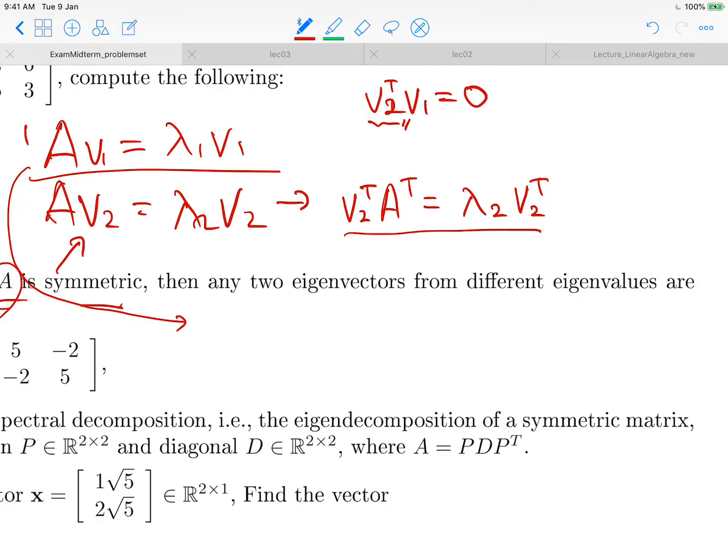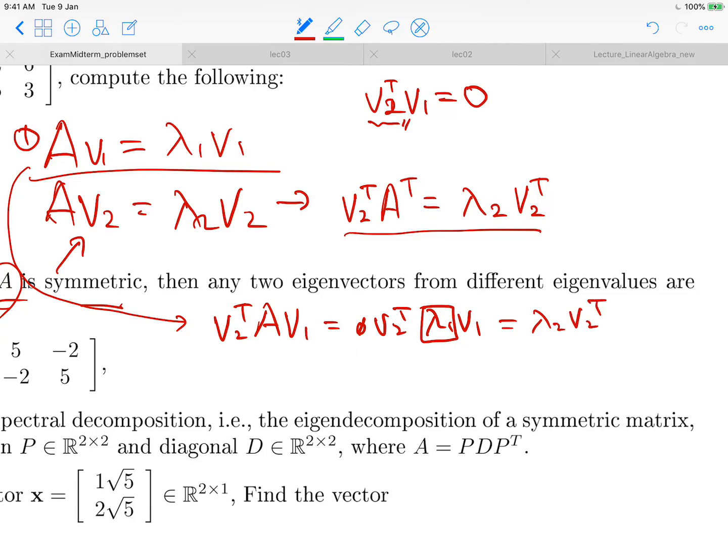Starting from the first one, let's multiply V2 transpose into the first formula. Then it is V2 transpose and lambda 1 V1, but this is a scalar, so it can be represented in this form, right?